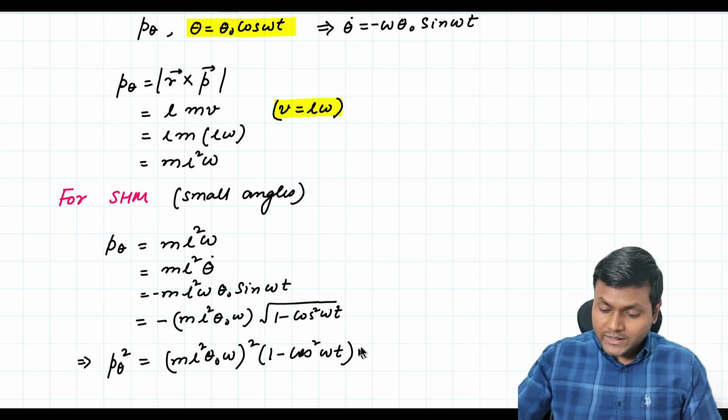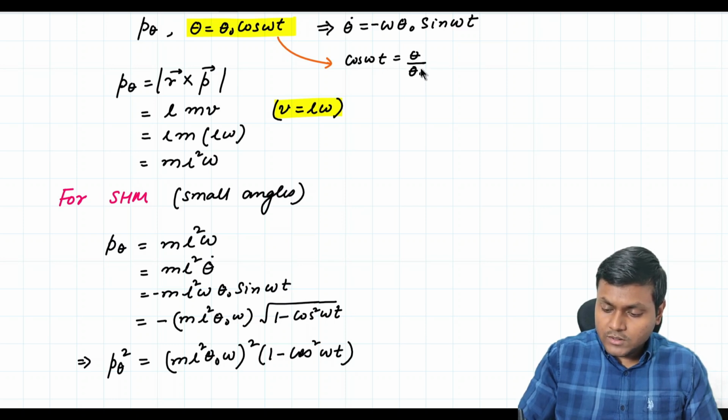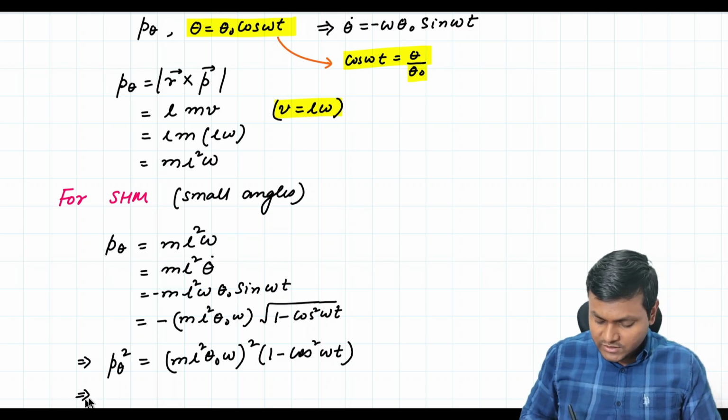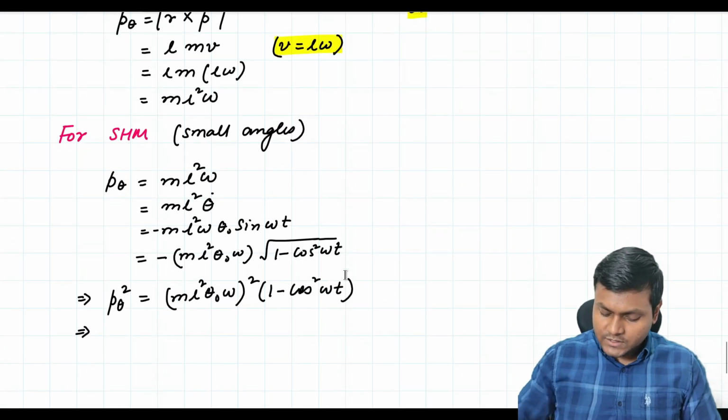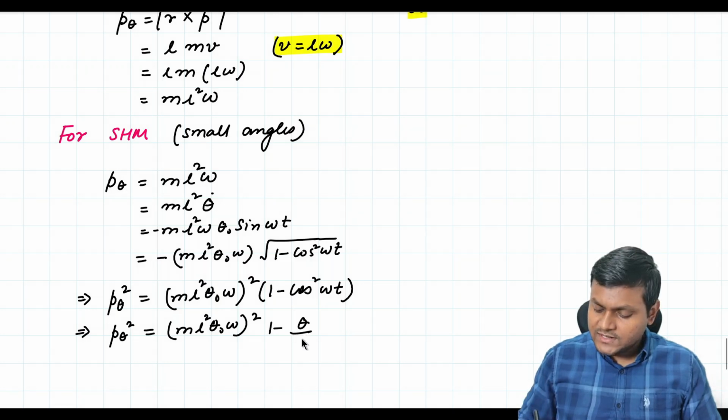However, what is cos omega t? I can obtain that from here: cos omega t is equal to theta upon theta naught. If I use this to substitute in this equation, it simply becomes p theta square is equal to m L square theta naught omega whole square into 1 minus theta upon theta naught whole square.